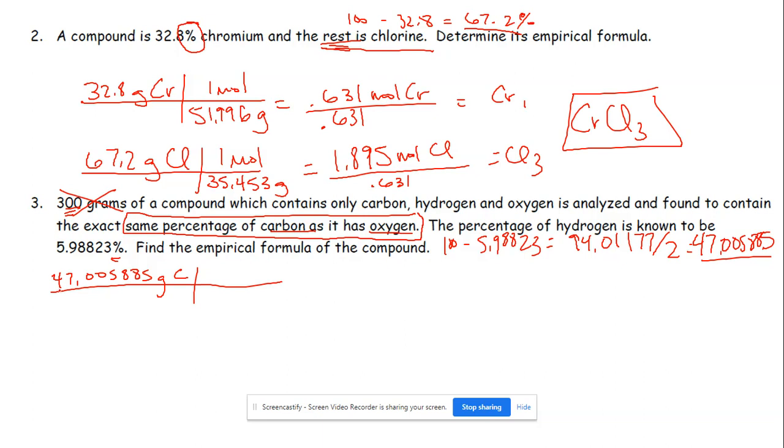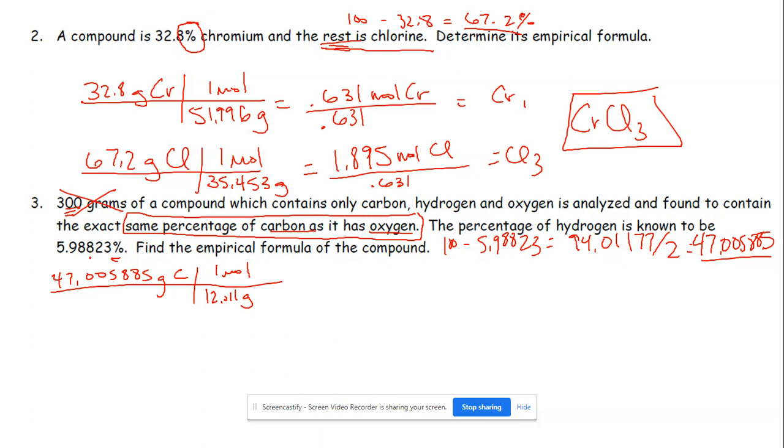You would just take that 47, multiply it by 300, and then you get 140 something. But that's more work than you have to do. So my recommendation is that you skip through 300. If you have percents, always work with 100. So anyhow, 47.005885 grams of carbon, 12.011 grams per mole of carbon.